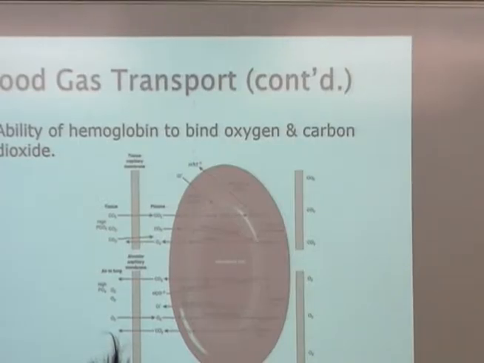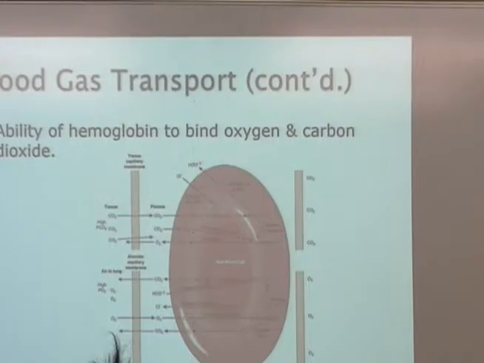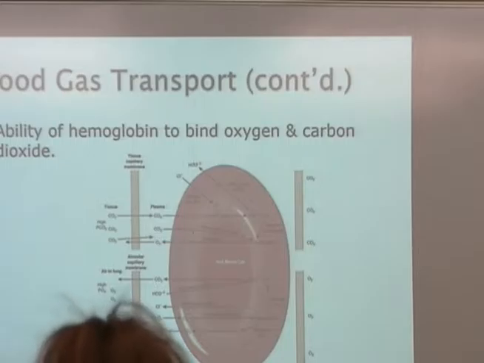Carbon dioxide is transported back to the lungs, either on hemoglobin as bicarbonate or a little bit dissolved in the plasma. We get back to the lungs and it can move out off the bloodstream into the lungs and we breathe it out. Which is great because we can't use it. It's not a molecule we can use to do anything, so we need to be able to get rid of it.